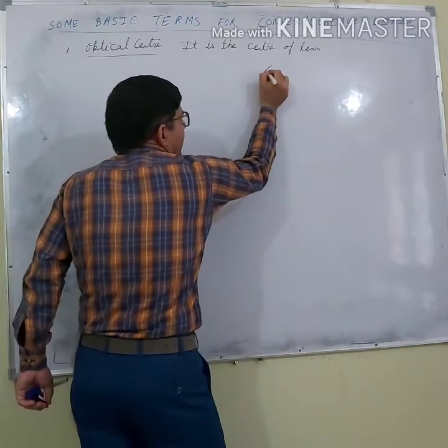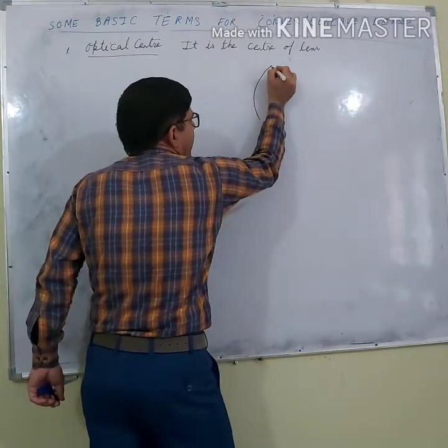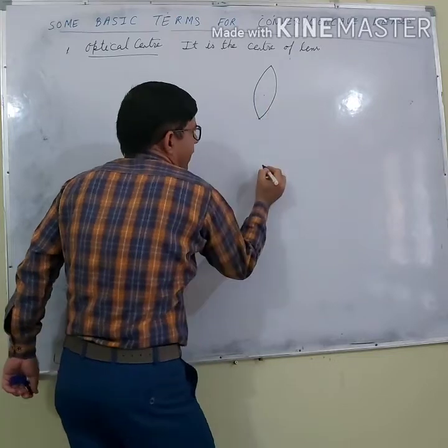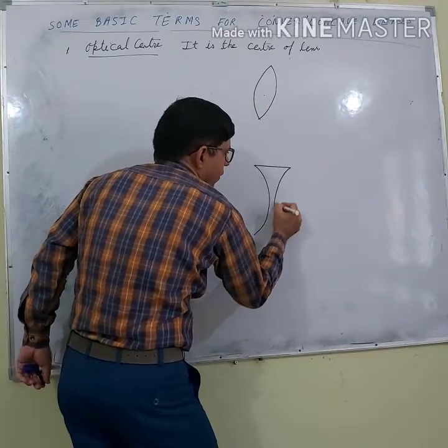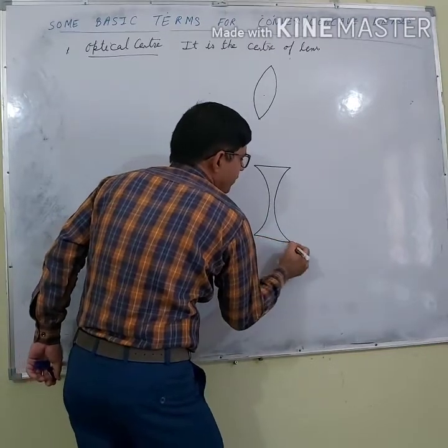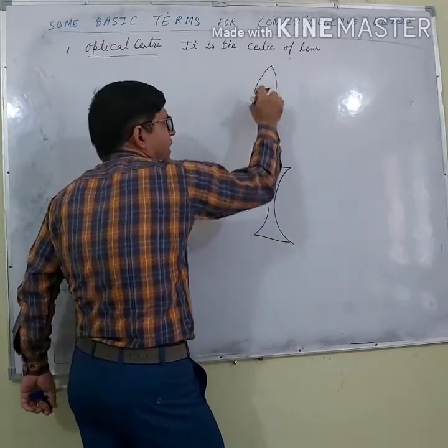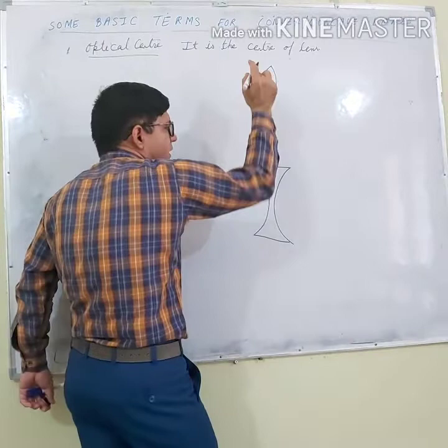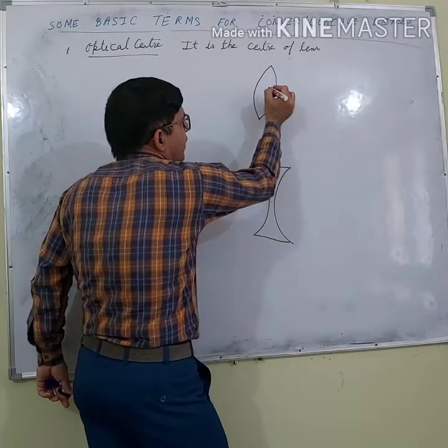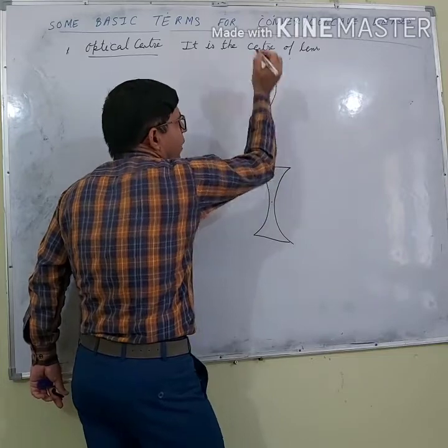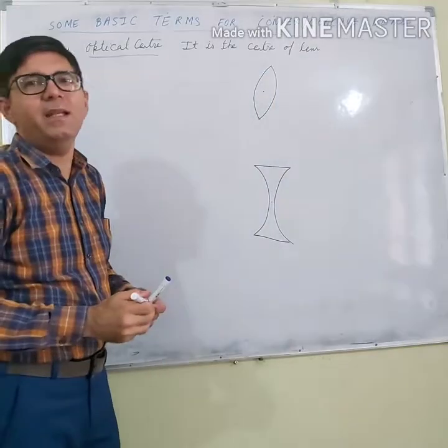Let us say we have this convex lens and this is the concave lens. Why concave? Because these surfaces are concave. Why convex? Because these surfaces are convex. This central point is called the optical center.